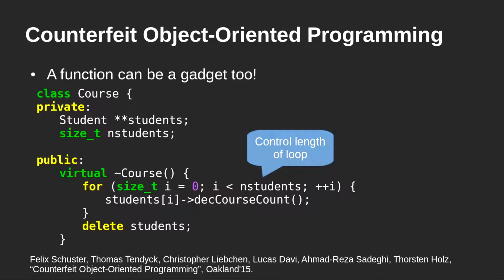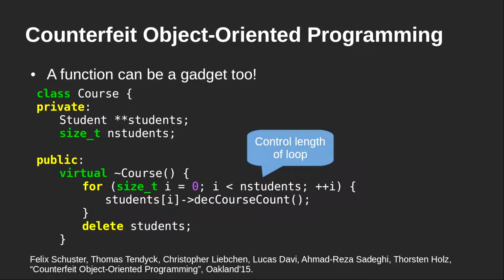In this example, in this destructor, we just iterate through a list of students that will all be deallocated, and we call different virtual functions on all of these objects that we have accumulated. Now assume that the attacker controls the list of students, or the array of students.